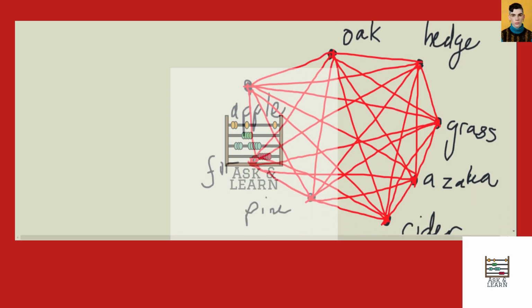So this is the case in which we consider apple to be a plant, but what if we consider it to be a food? Well, we notice that strawberry is also a food. Cheese is a food. Chocolate is a food.